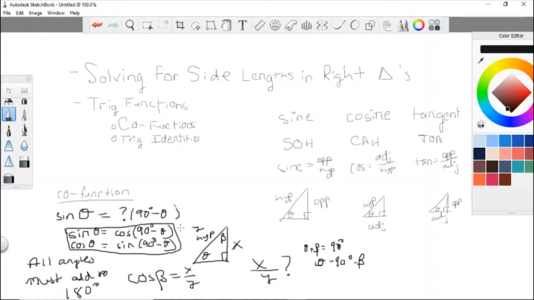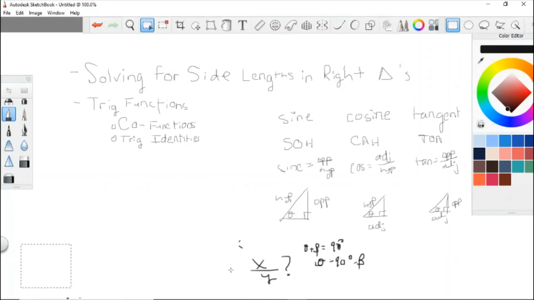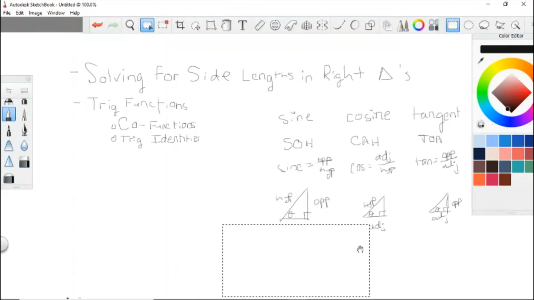And before we go, I just want to go over one trig function that maybe some of you may not know. Hopefully this will be something new for you and not just review. I will delete this information so we can have some more room to write. Okay.